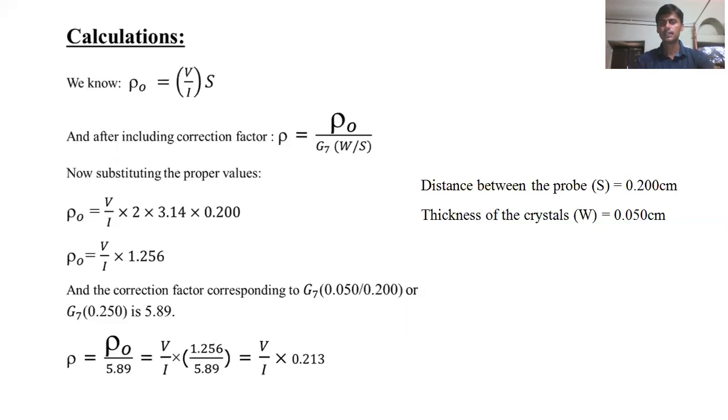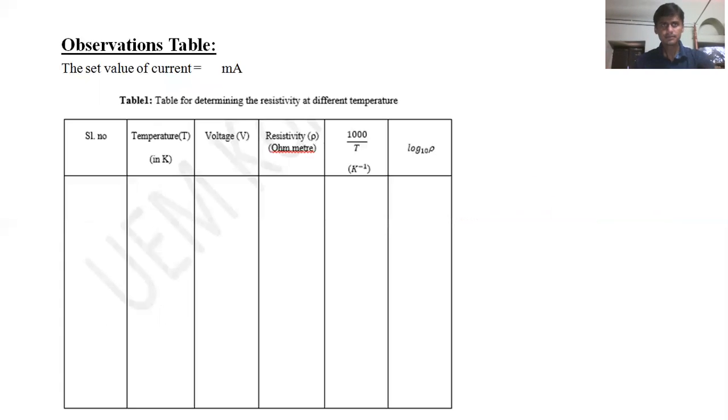So first you set the value of current between 2.5 to 3 milliampere. Clear?